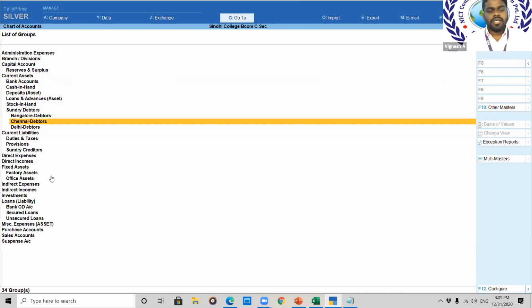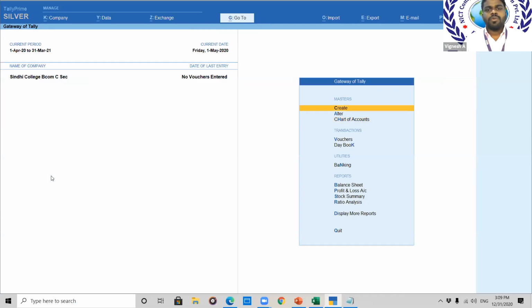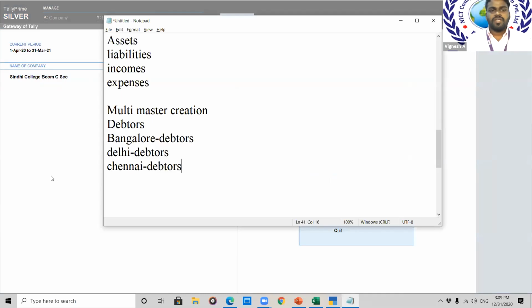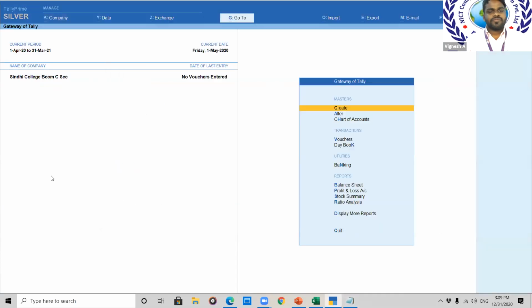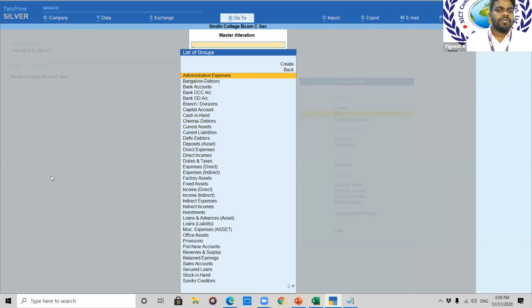And one more point I want to tell you, you can't delete the default groups. We have around 28 default groups, right? So we can't delete the default groups. But the groups which you have created, you can delete only by going to alteration mode, group, and selecting the group.